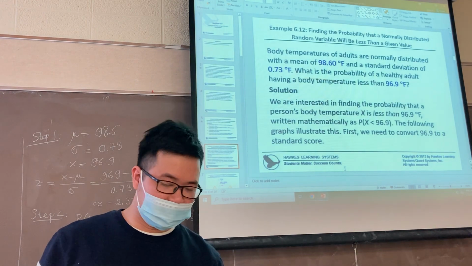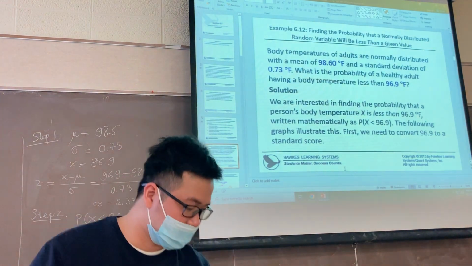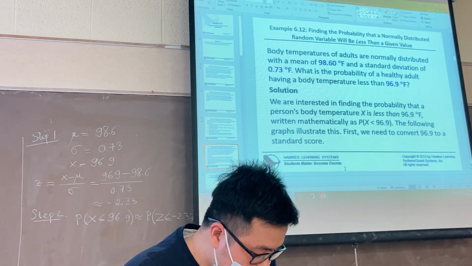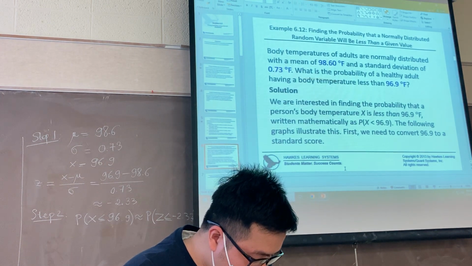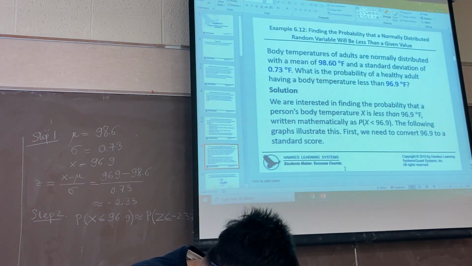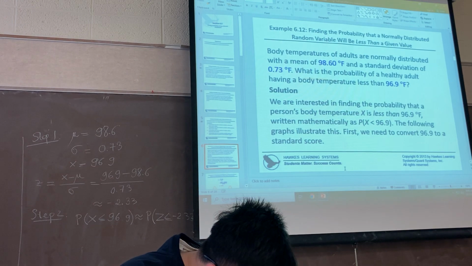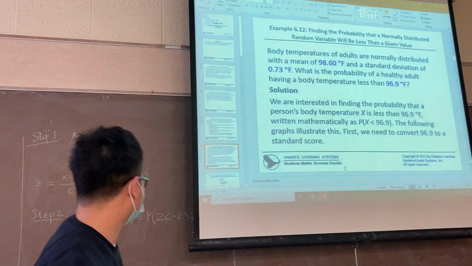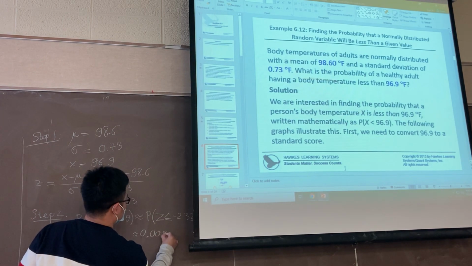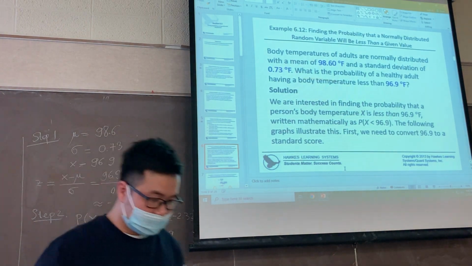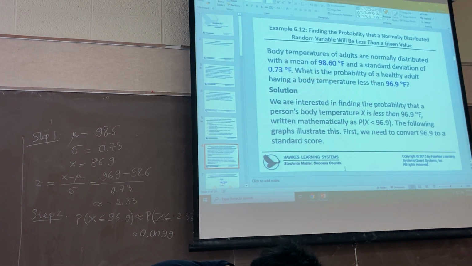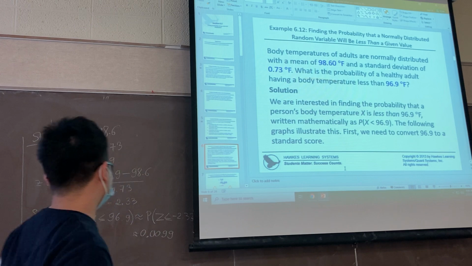Tell me what about the probability? 0.0099. Okay, exactly, 0.0099. Yeah, exactly. So how to find this?